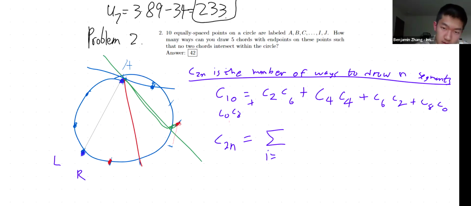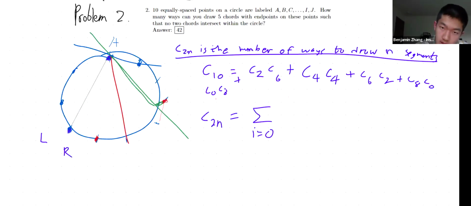So this is equal to the sum from 0 all the way to n of C of 2i times C of 2n minus 2i. Yeah. So this is the recurrence relation that we have.